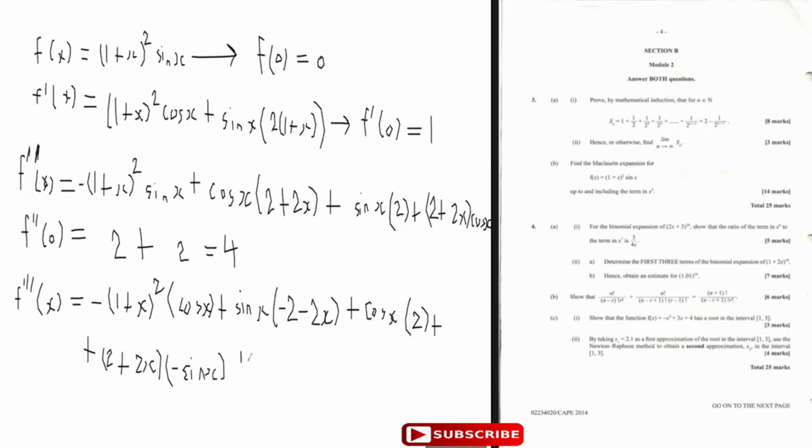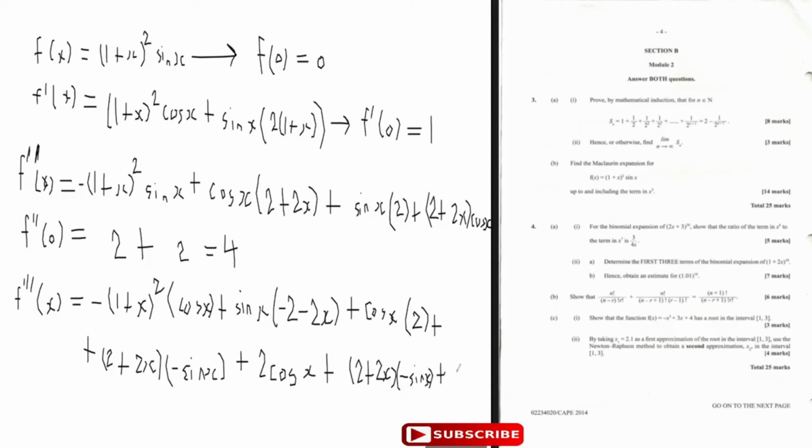Plus, when you differentiate sine 2x, you get 2 cos x, because sine x times 2 is 2 sine x, plus keep the first, product rule again, keep the first, 2 plus 2x, times the derivative of the second, which is minus sine x, plus keep the second times the derivative of the first.